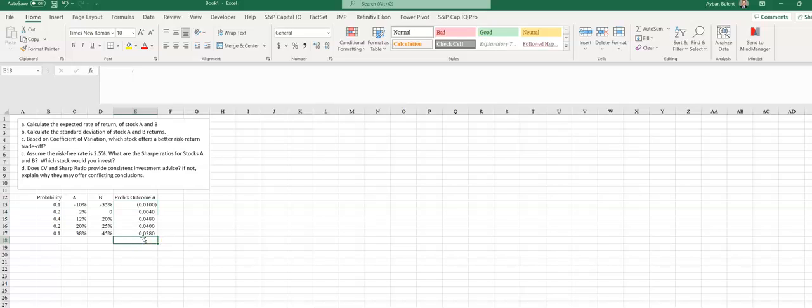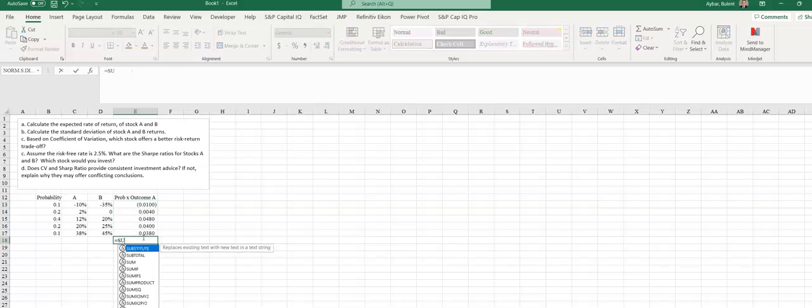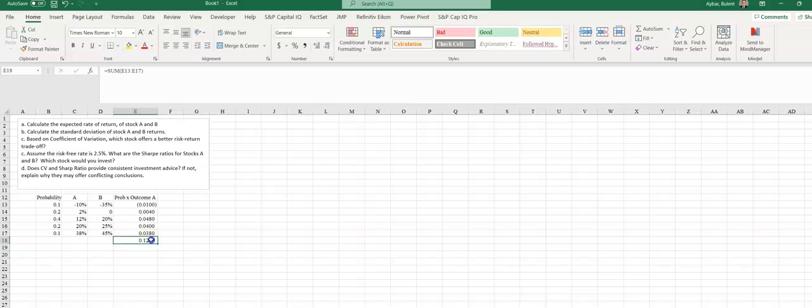So we can use the sum function. We will highlight all the entries in this array, and then we will close parentheses. We got 12% expected return. So the probability weighted average of these outcomes is 12%. So this is the expected return for asset A.